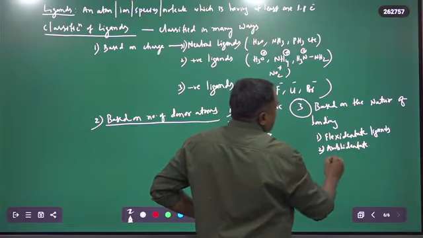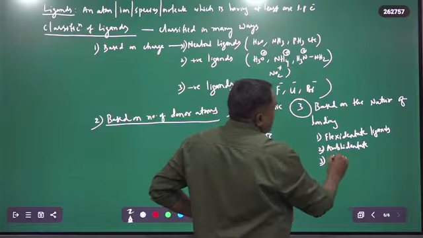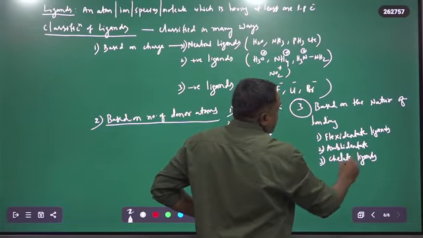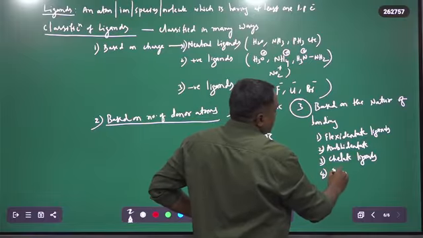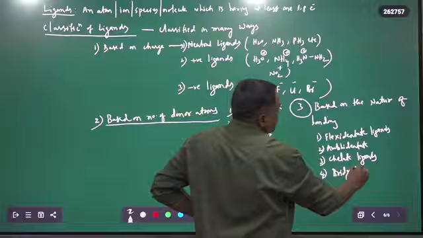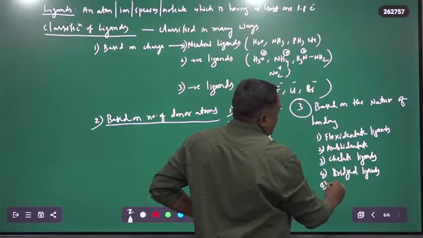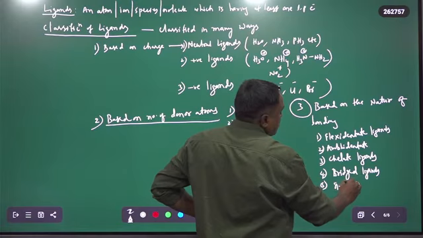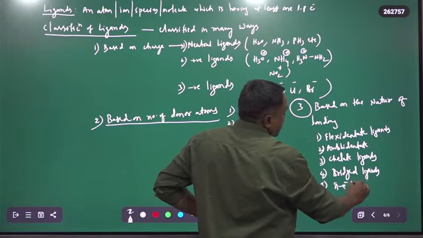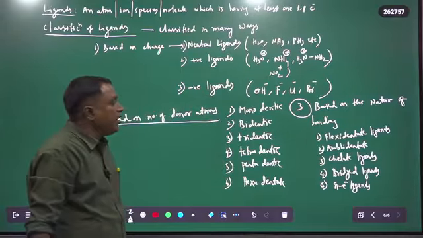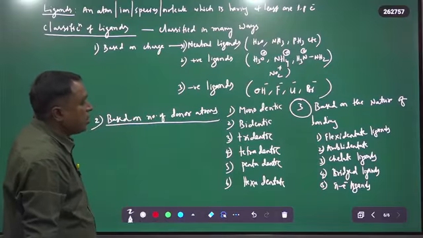Third is chelate ligands, fourth is bridged ligands, and fifth is pi electron ligands. So flexidentate, ambidentate, chelate, bridge and pi electron ligands.